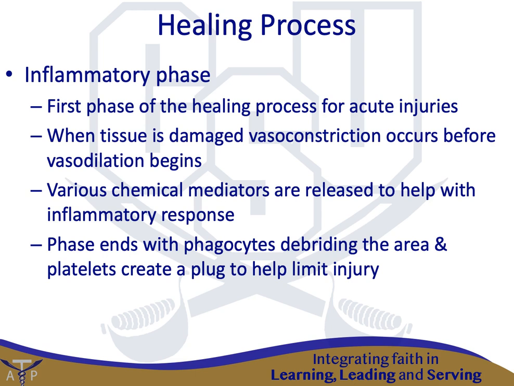Let's go back to vasoconstriction. Vasoconstriction is when the arteries or veins squeeze together. They constrict and do not allow blood flow. However, after this occurs, vasodilation, or the opening of these vessels, begins to occur. This is what causes swelling in the area.